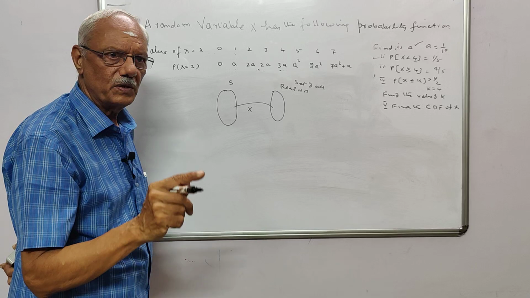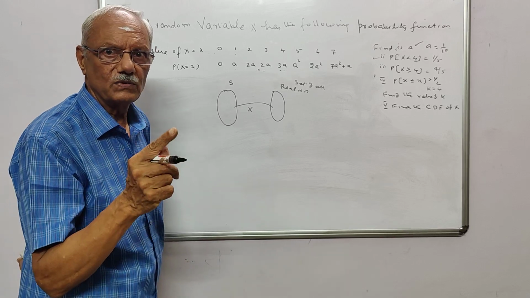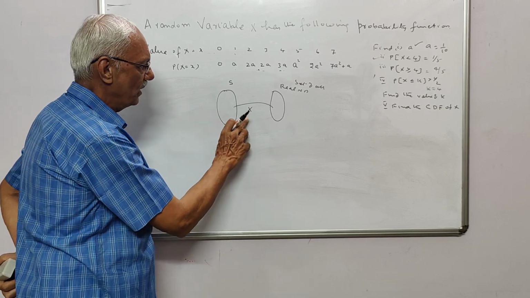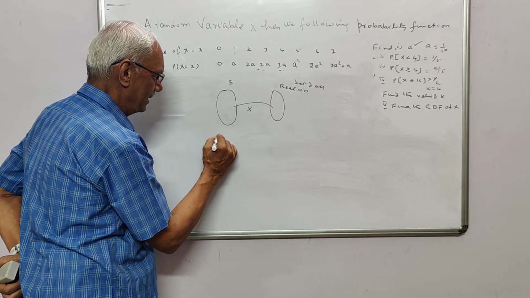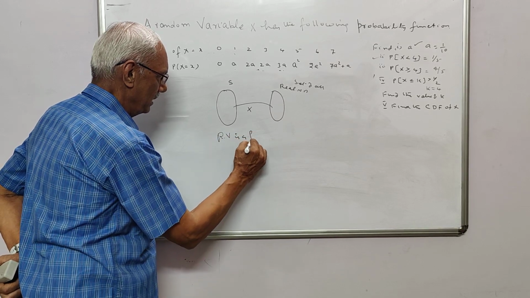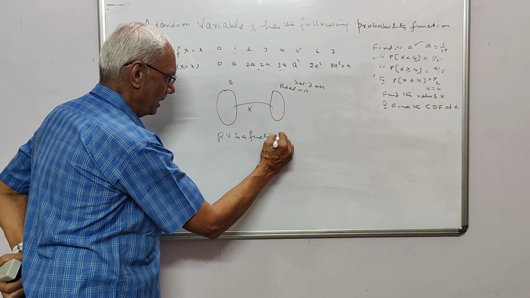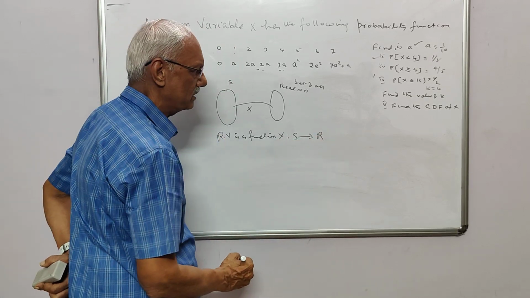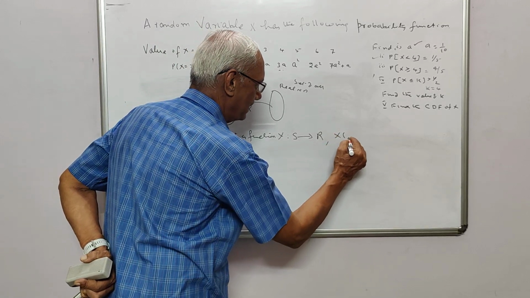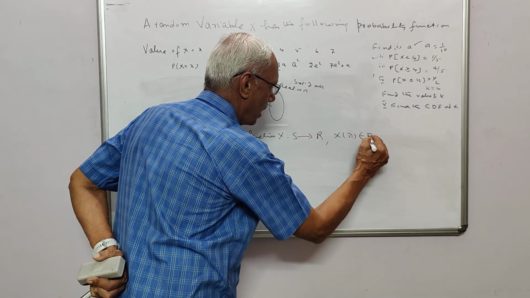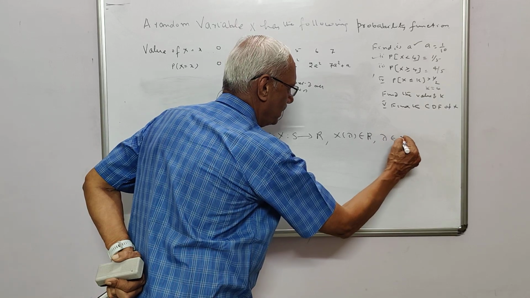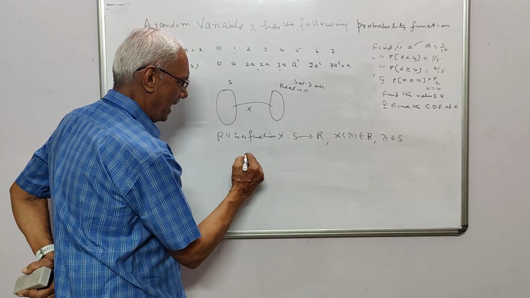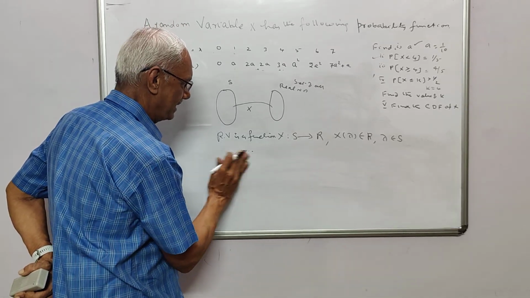So you conduct one experiment in which the exhaustive outcomes are taken in the sample space. You define a function. So a random variable is a function x from s to the set of all real numbers such that x of lambda belongs to R for lambda belonging to s. And you see that this is called a random variable.